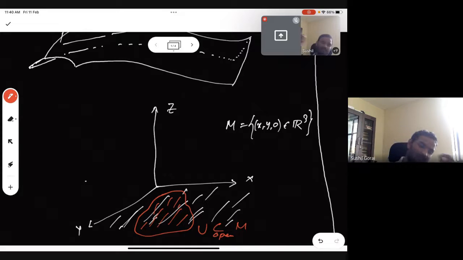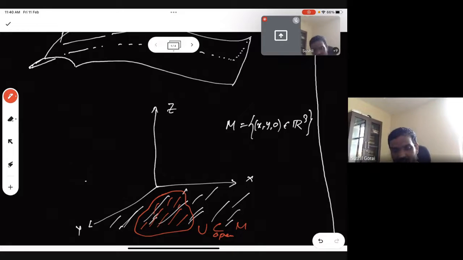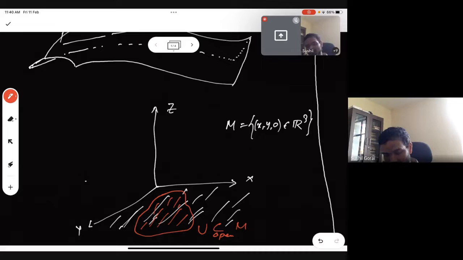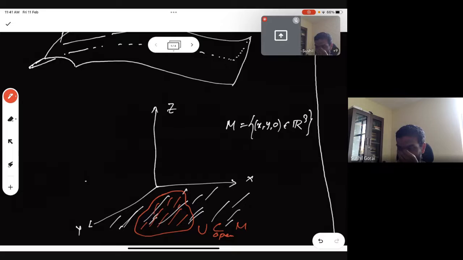A flat surface might have more than one point at which it intersects. All right? Any question here?